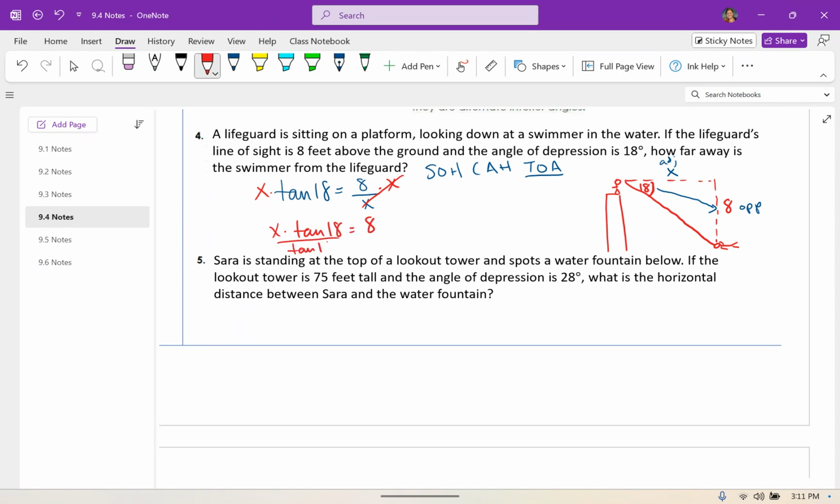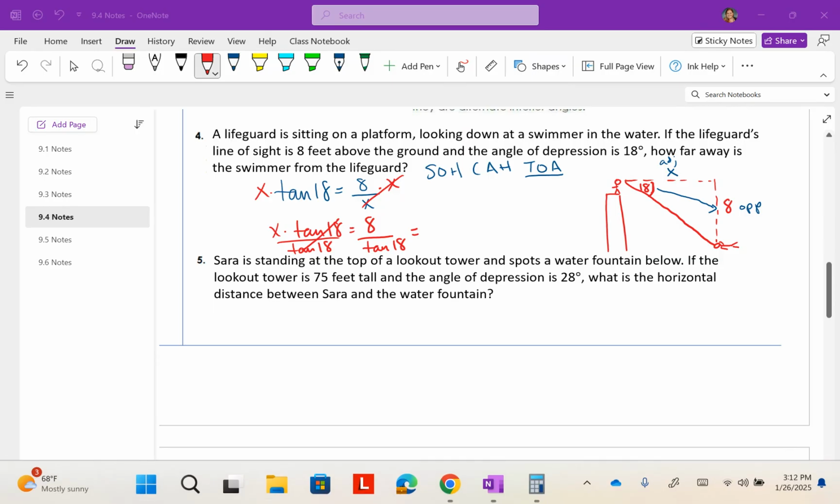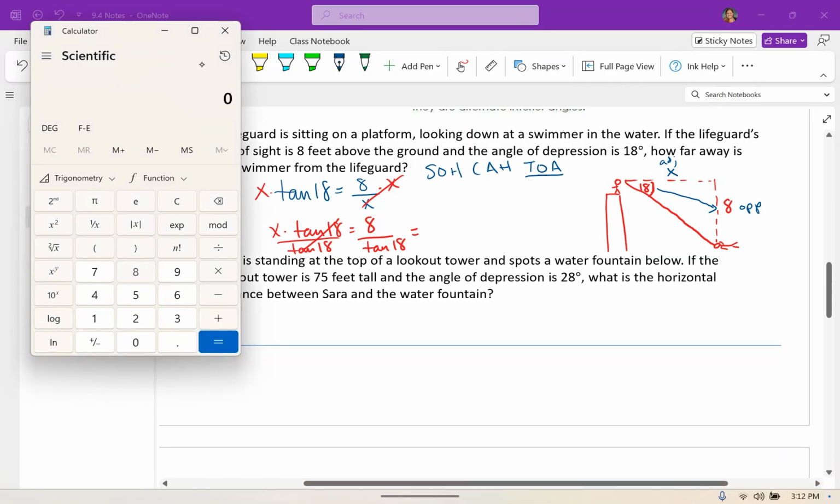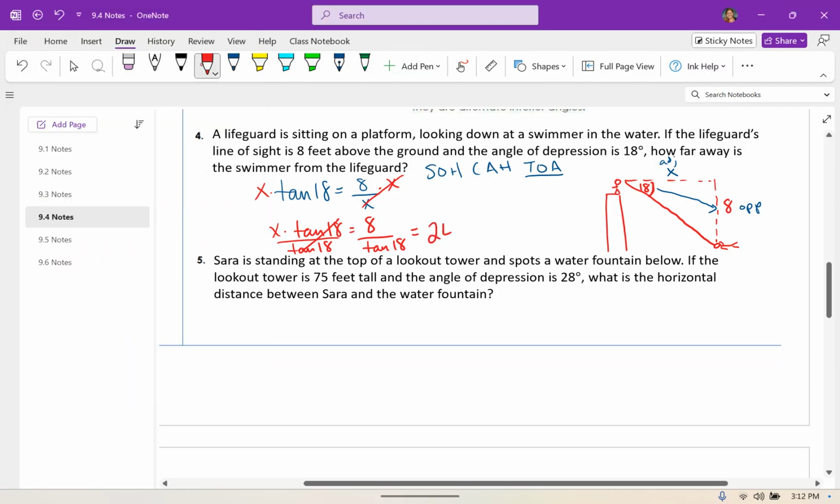Divide by tangent of 18. Okay, 8 divided by tangent of 18 equals 24.6 feet.